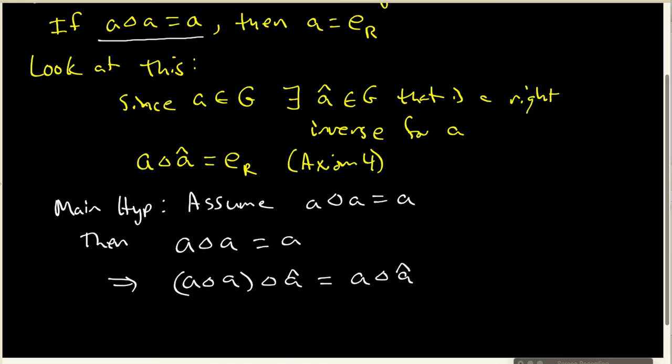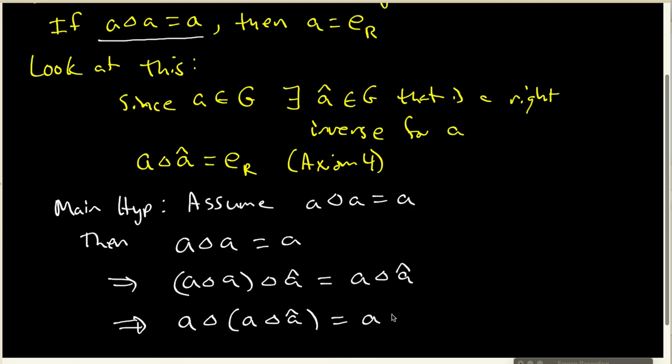Now, if we look at it, I know that this side's going to be ER, but before I use that, I'm going to reassociate. I'm going to put the parentheses in a different place over here. The second group axiom allows me to rewrite the left-hand side of this as A triangled with A triangled with A hat.